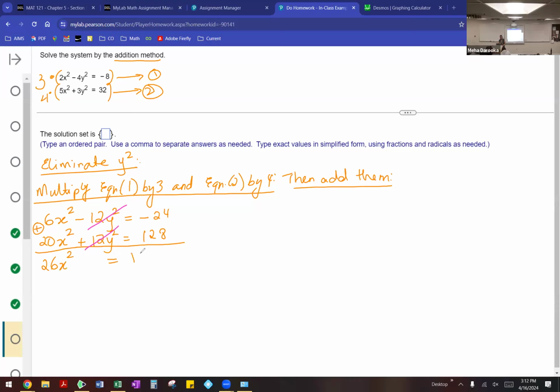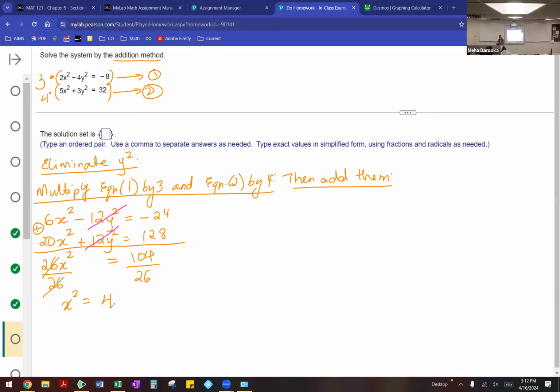That will be a positive 104. So to get x squared by itself, we'll divide both sides by 26. What is 104 divided by 26? That will give us 4.